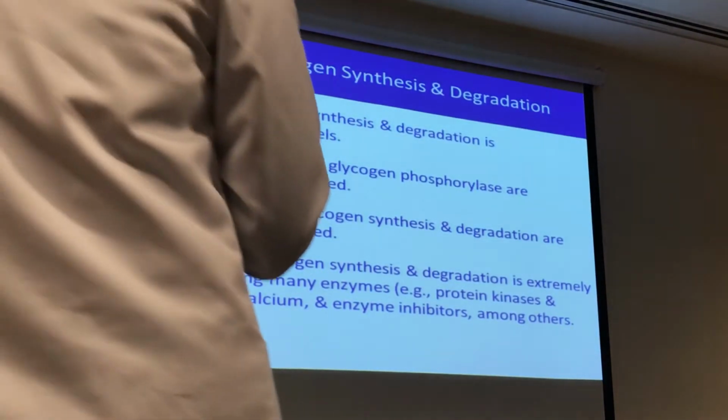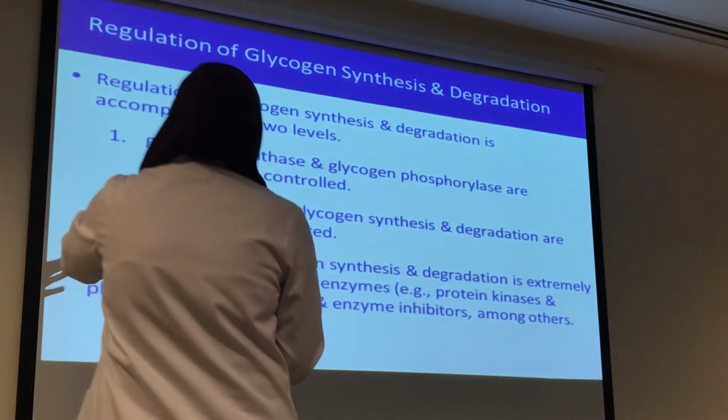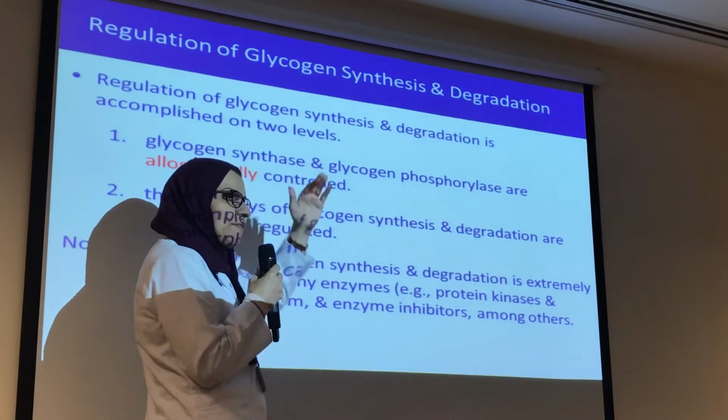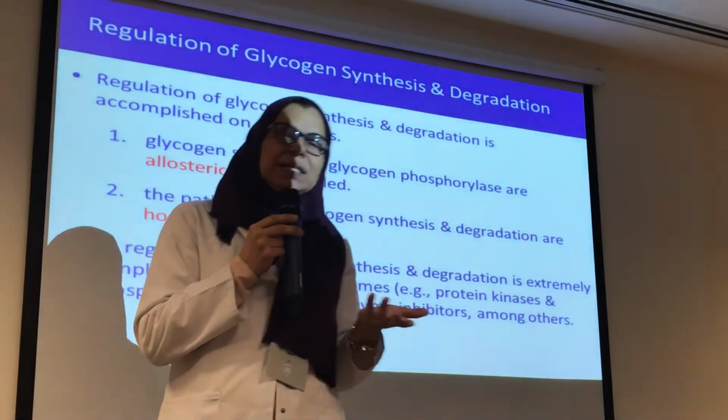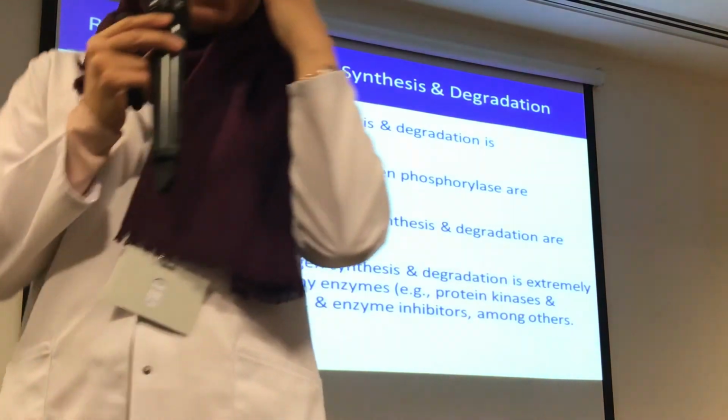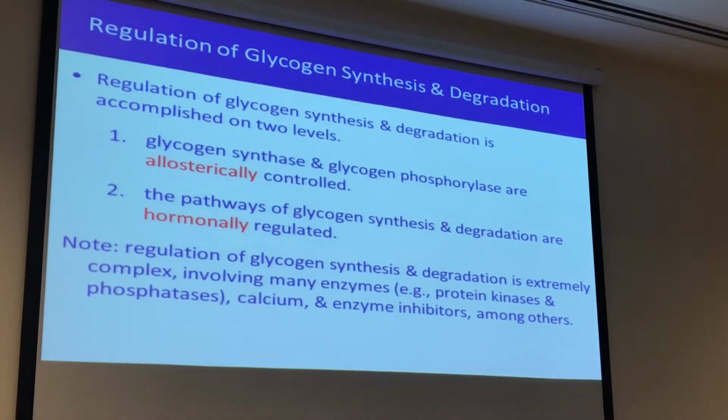So why this hormonal regulation? What is the importance of hormonal regulation and why do we have these multiple steps? You will study cell signaling again in Mol 2. But the importance of cell signaling and having a cascade of events is that you need only a small amount of hormone.